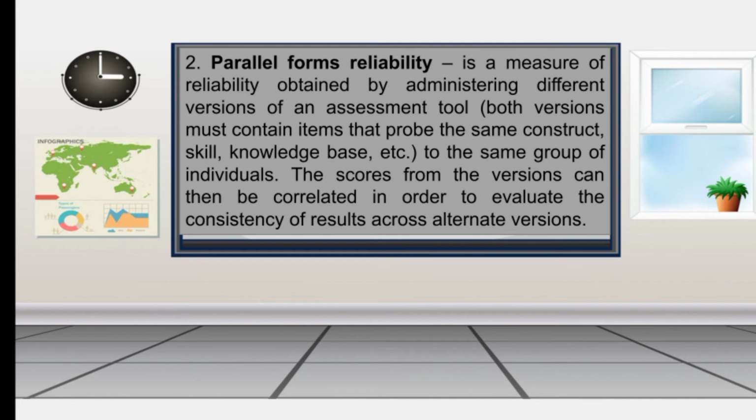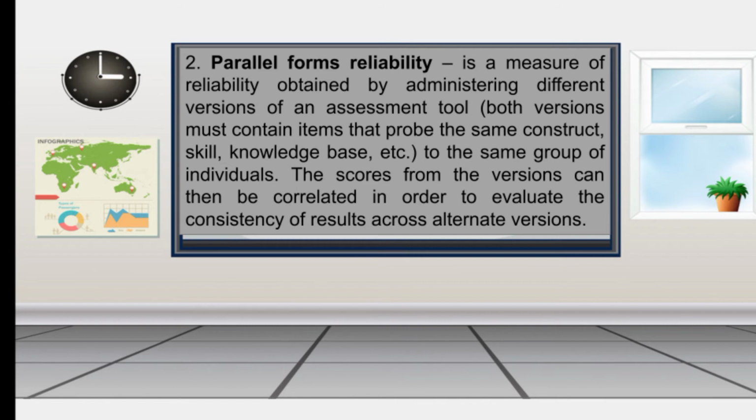Next is parallel forms reliability. It is a measure of reliability obtained by administering different versions of an assessment tool. Both versions must contain items that probe the same construct, skill, knowledge base, etc., to the same group of individuals. The scores from the versions can then be correlated in order to evaluate the consistency of results across alternate versions.